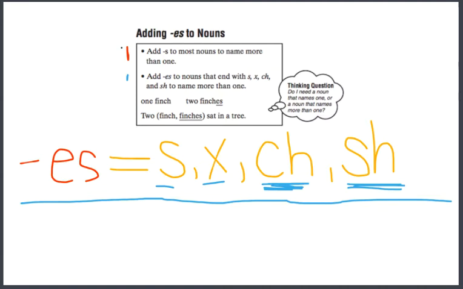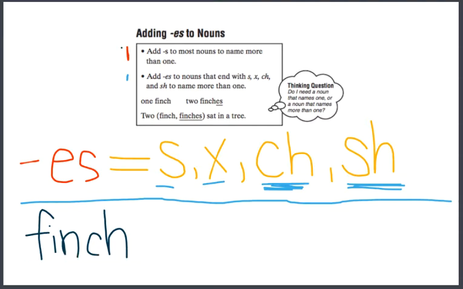For example, one finch, which is a type of bird. Finch is spelled F-I-N-C-H. One finch. That's just naming one. Finch is a singular noun.